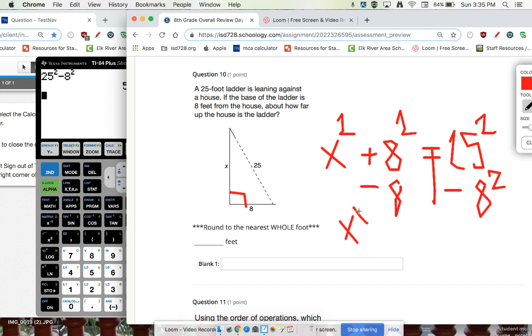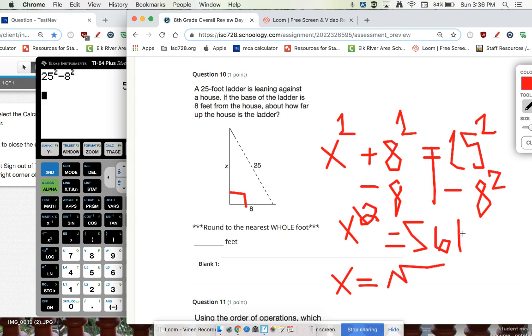Now x is not alone. It is being squared. So I have to get rid of a square, and to get rid of a square, you square root. So x equals the square root of 561.